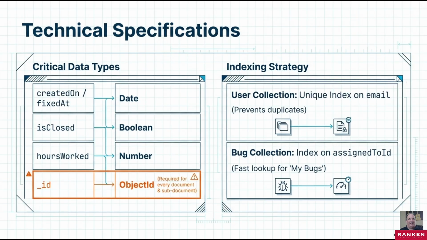By using an index, Mongo doesn't have to look at every single document. That scan of every document is called a collection scan within Mongo. If it has to read every document, it's very slow, especially for large data sets.